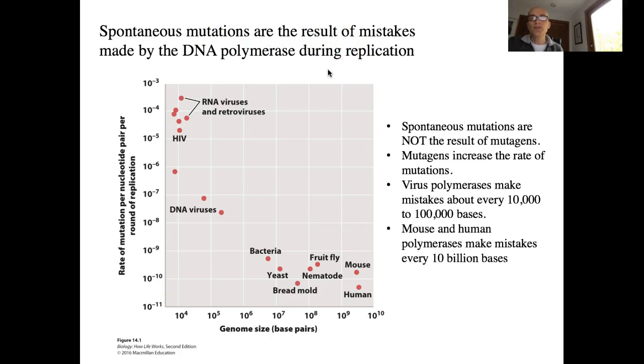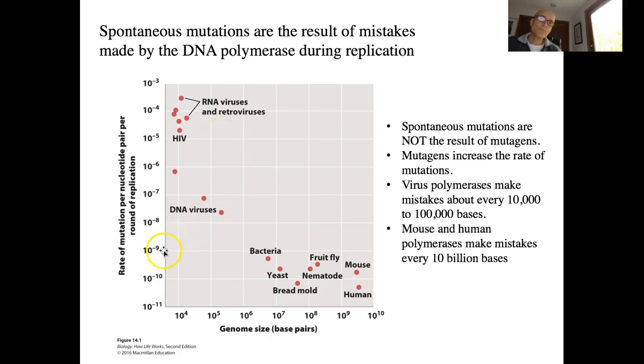Of course, they can also occur due to chemicals or UV radiation, things like that, so mutagens. But they can also just simply spontaneously occur without being exposed to mutagenic substances or UV light.